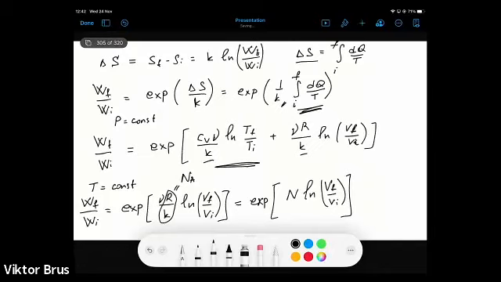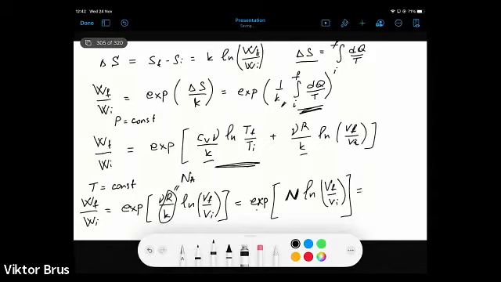Taking into account the properties of logarithms, this n in front of the logarithm can go to the power of the argument of the logarithm. So it will be V final over V initial in the power of n. And if we take the exponent of the natural logarithm, it will give us the argument.